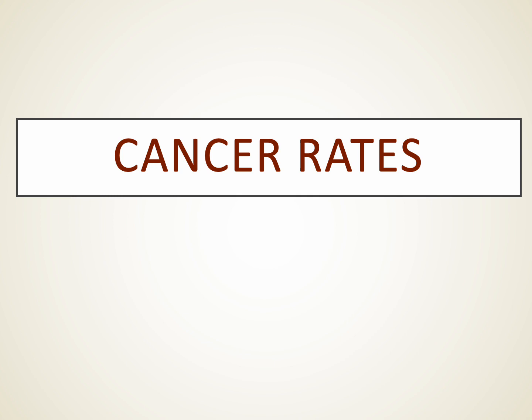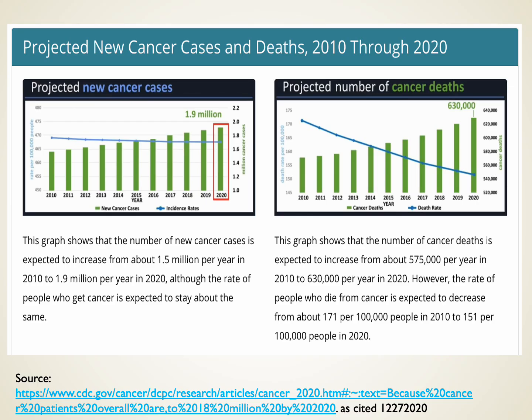But let's go through this, which some of this is probably content you've heard of before and others not. As we look at cancer cases and cancer deaths, we see that the number of new cancer cases continues to be high, but is almost leveling off a bit.